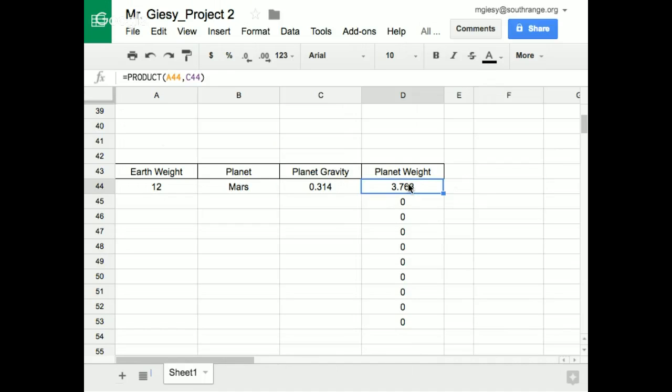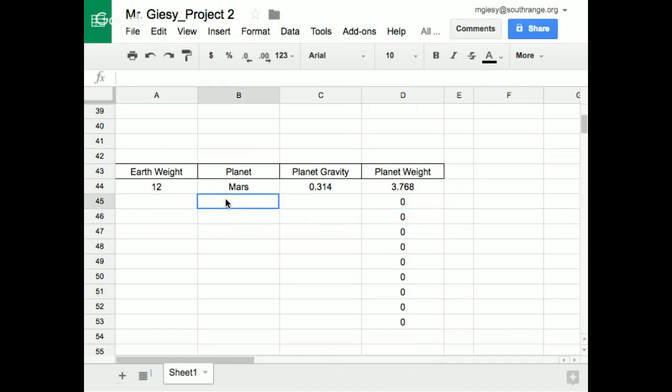And if you notice, this one's written for A44 and C44. The next one, I click in it, it's written for A45, C45. The next one is written for A46, C46. So see what it did for you? It rewrote your formula for you.